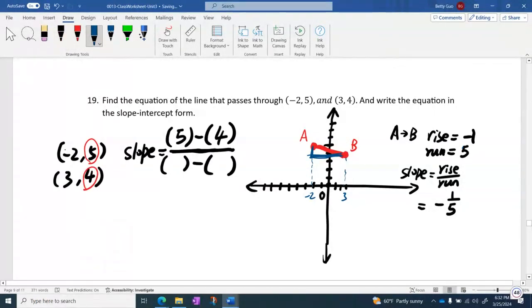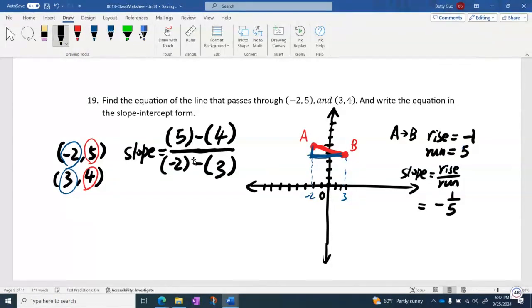In the denominator, we are going to put this in the first parentheses and put this in the second parentheses. So basically, we are using this value minus this value as the numerator, and this value minus this value as the denominator.